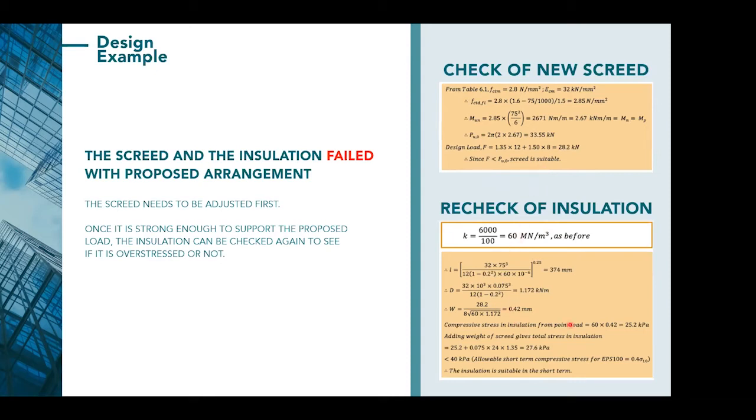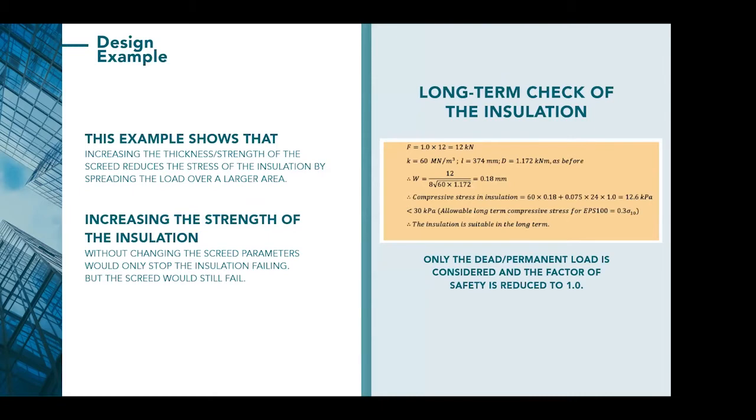So remember, our EPS 100, our short-term compressive strength with our factored loads tells us that 40 kPa is the maximum that we can take to give us 1% compression. As you can see here, the load's coming in at 27.6, which is less than our 40 kPa. Therefore, the insulation in the short-term check passes. So we now have a case that the insulation passes and the screed passes.